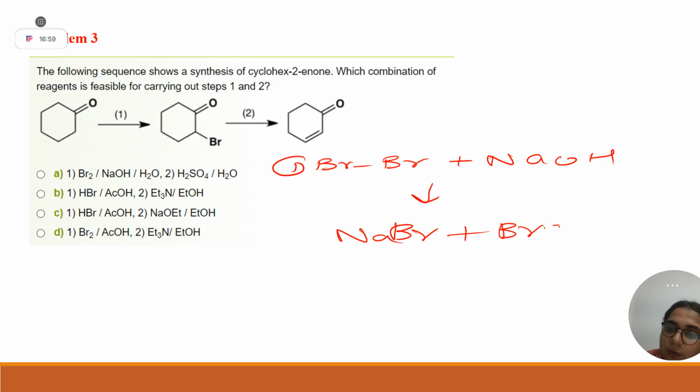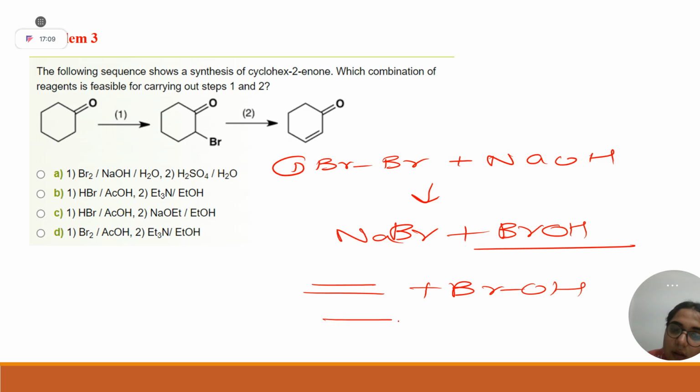You will form bromohydrin, right? Have you studied this type of reaction? Addition of BrOH on a double bond. Then again base abstracts a proton from this hydroxyl and it forms epoxide. Remember? So this is the condition of that reaction.